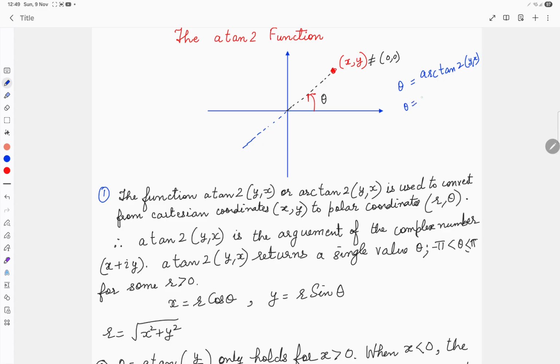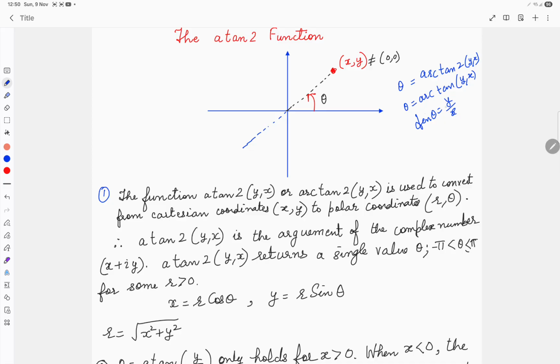What should have been there is that theta should have been calculated from arctan of y comma x without this 2. Because we all know that tangent theta is y by x, so theta will be tan inverse of y by x.